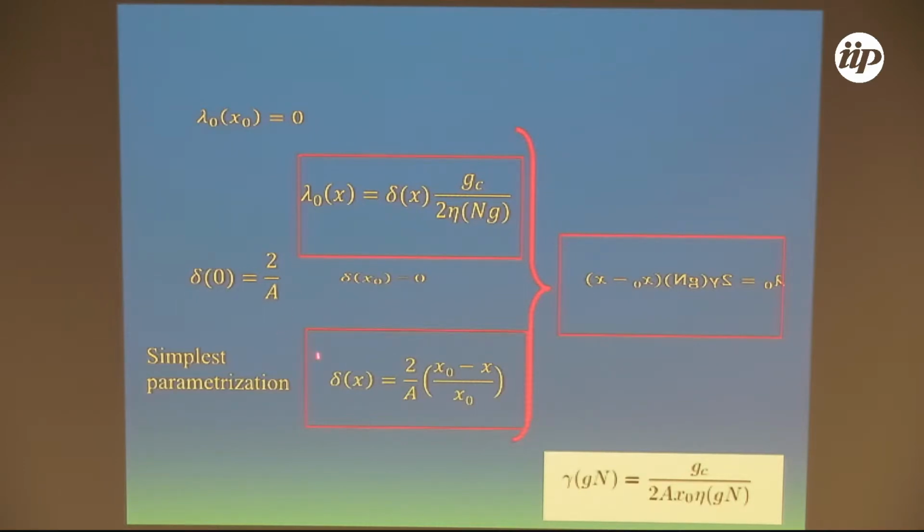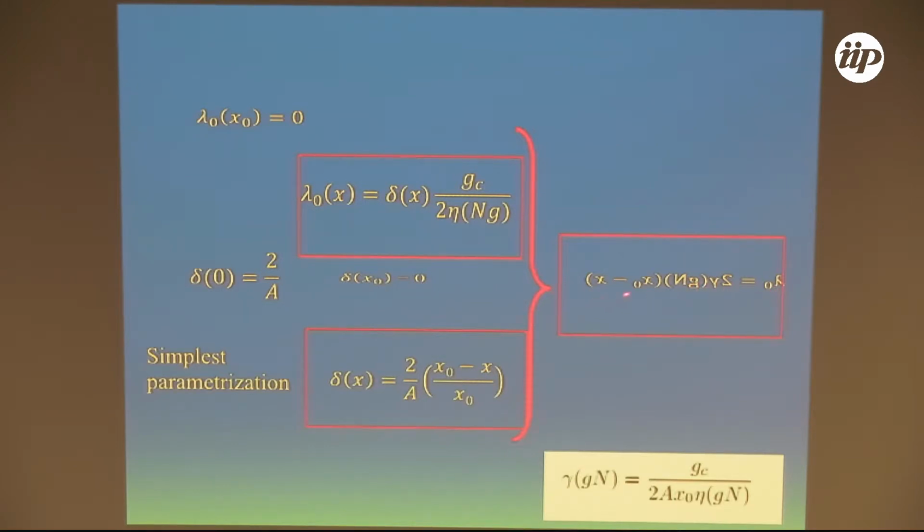So I can satisfy these two conditions with a simple parameterization given by that. There's something wrong here. So if I combine these two, I obtain lambda 0 is 2.